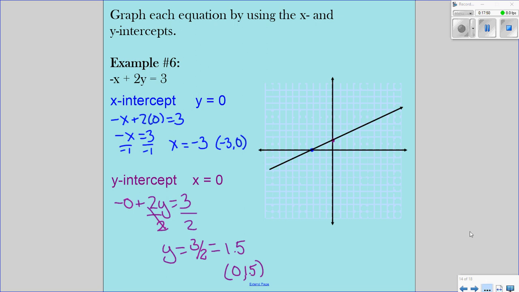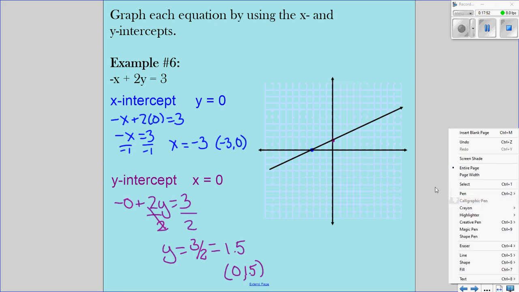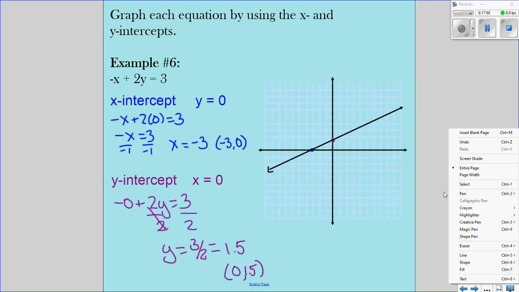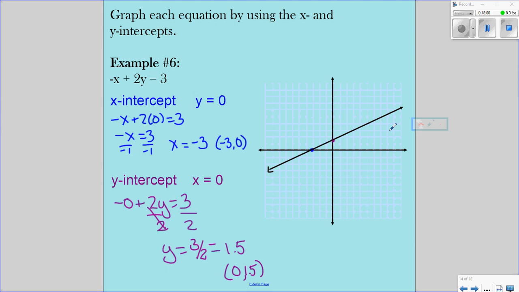Okay. And then I have to put my other arrow, and then I'm going to label it, which I put in red, so that way you know that you need to label it. So it's -x plus 2y equals 3. So I have my 2 points, the x-intercept, the y-intercept, the line, arrows, and my label for that line.